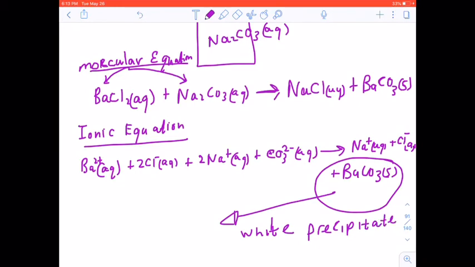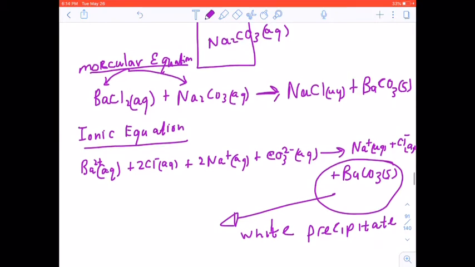Alright, so you can see barium carbonate is a white precipitate and barium sulfate is a white precipitate.